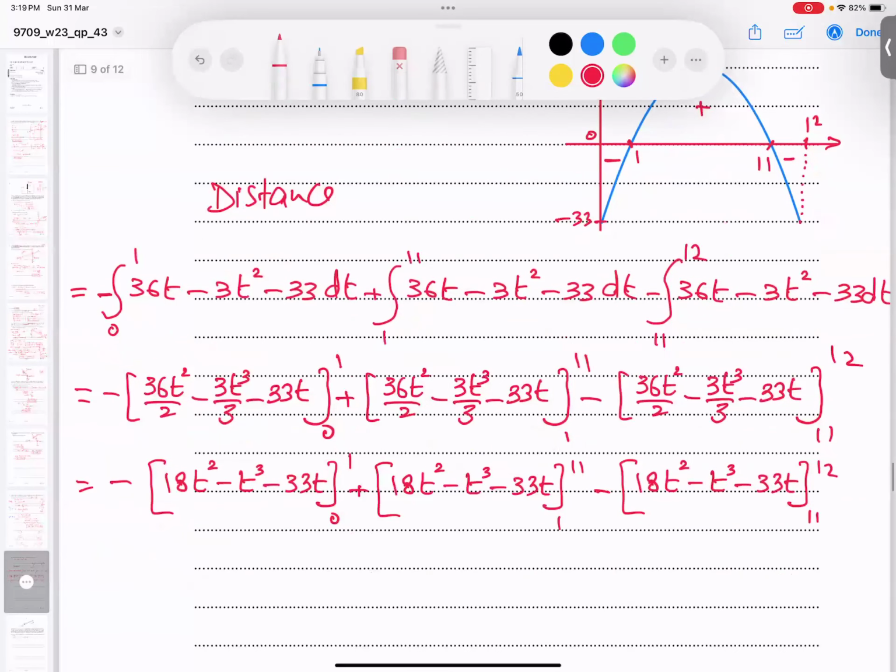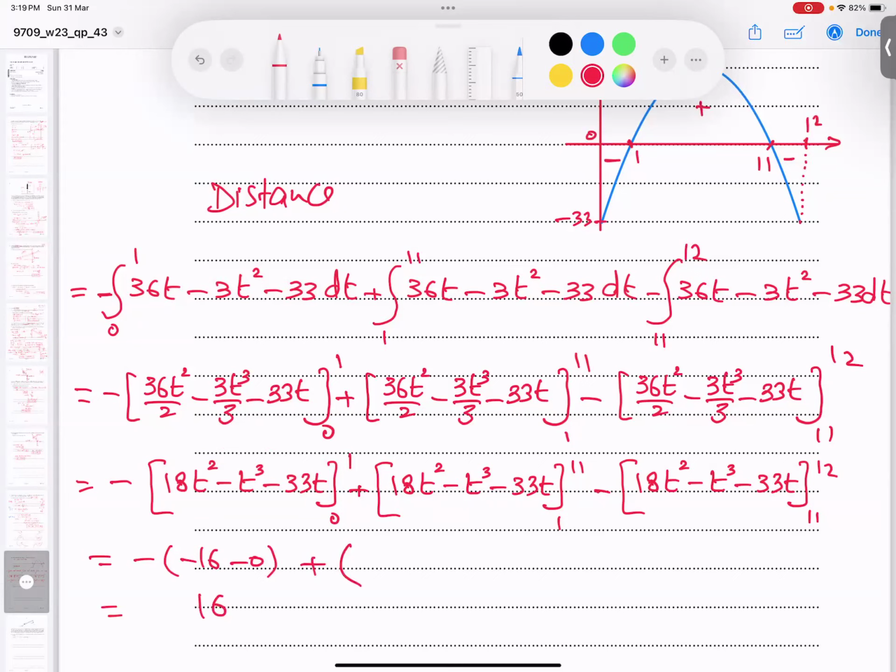So just plugging in the numbers: upper number minus lower number. Here the answer is coming 18 minus 1 and minus 33, which is negative 16, but plus 16 will come from here.